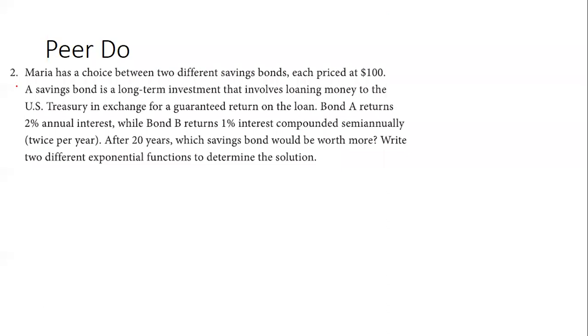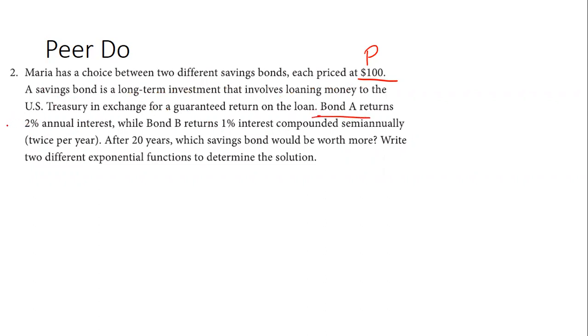Here we go. Let's see how we did. So Maria had 2 choices and two different bonds. So beginning here, marking our text, your 100 was your what value? Our initial, our P value. Good job. Then we have savings bond in long terms. So she's going through and she has 2 choices. She has bond A right here, and it has a 2% annual interest.